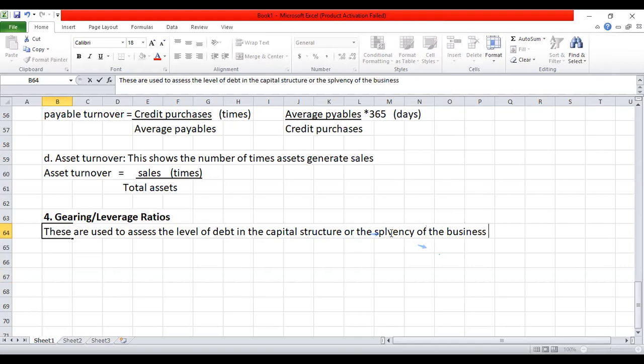So in gearing, you are assessing the level of debt, what's the proportion of debt to equity within the capital structure, or you can use these ratios to assess the solvency of the business. So the key ratios that we use to assess this, number one is debt to equity.